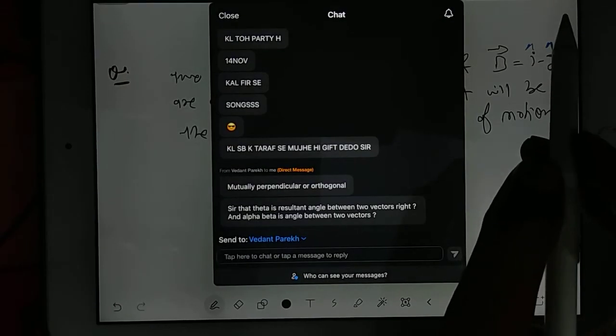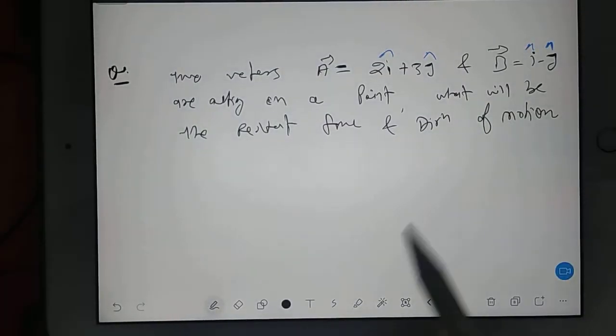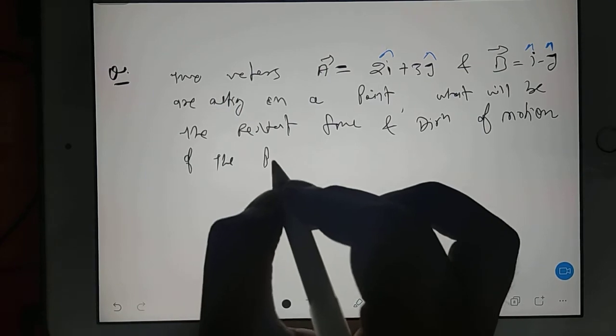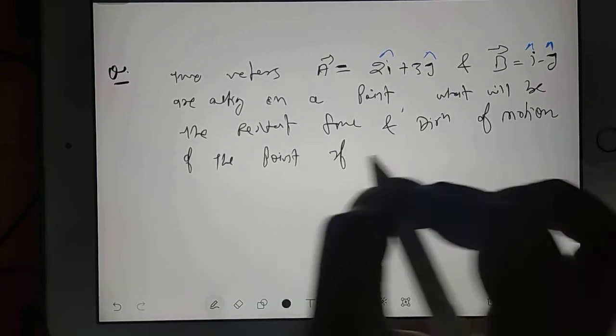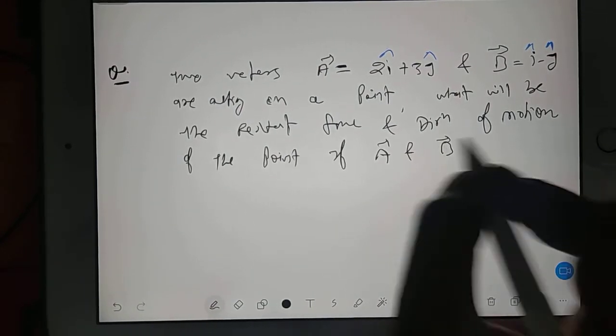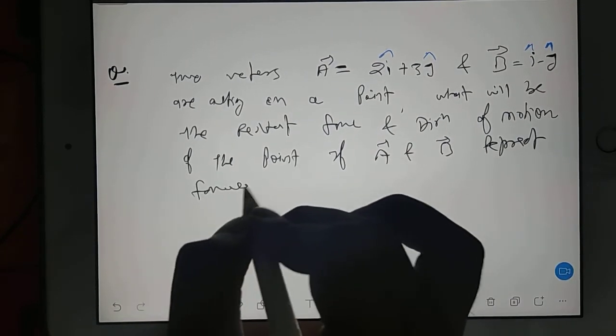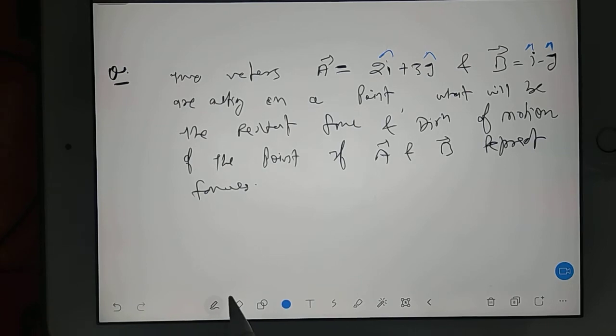Right, Vedant. The theta is the angle between P and Q. Direction of motion of the point if A and B represent forces. Okay, now you see.